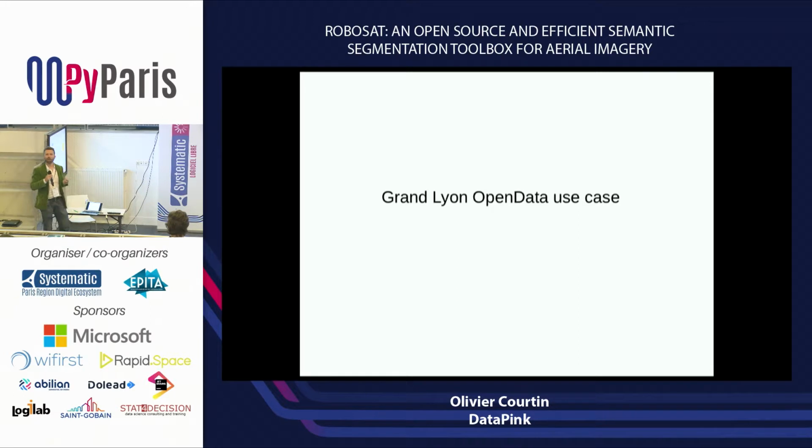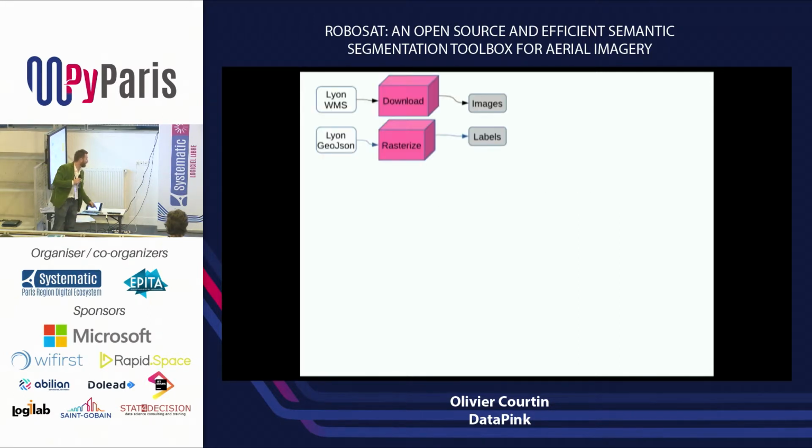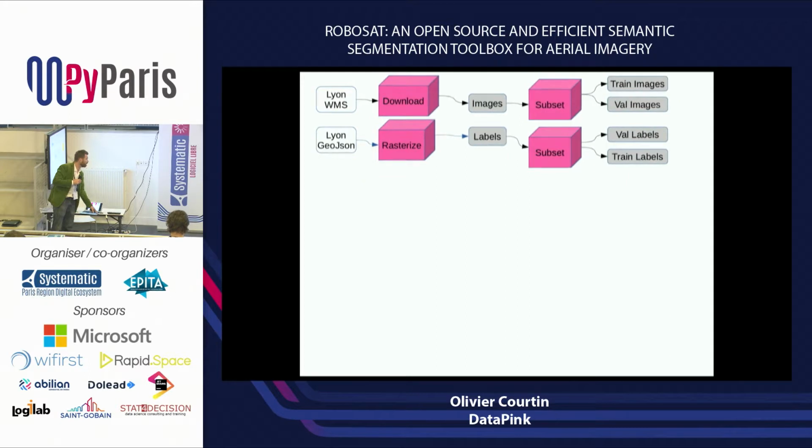If we look at one use case, if we take open data from Lyon, it's an imagery web service, and the related building footprints. We download the imagery, we rasterize the footprints to create image and label.